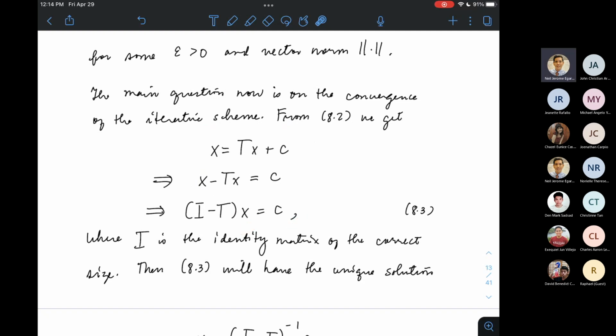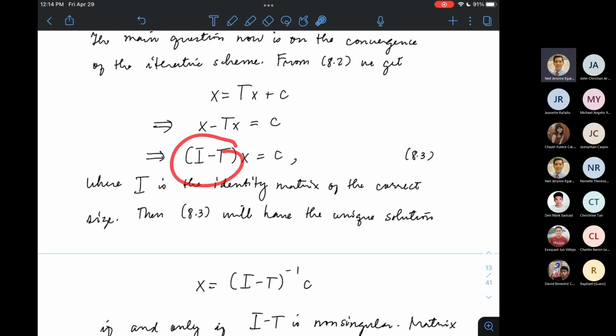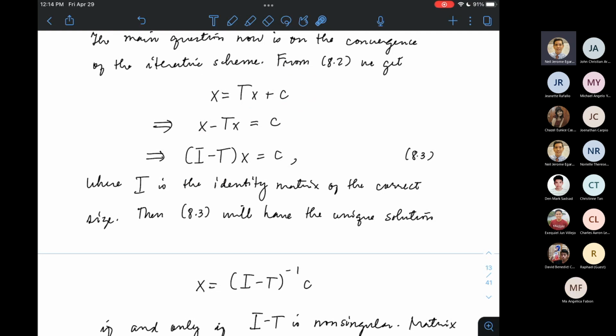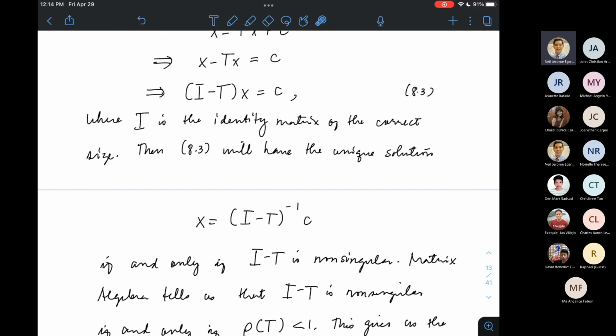Then we can have a solution x to this iterative scheme if and only if I minus T is non-singular. Okay, magkakaroon ng unique solution itong fixed point problem kapag nag-exist yung inverse ni I minus T. And in particular, there will be a unique solution to the fixed point iteration if and only if I minus T is non-singular, and specifically the solution is going to be I minus T inverse times c.